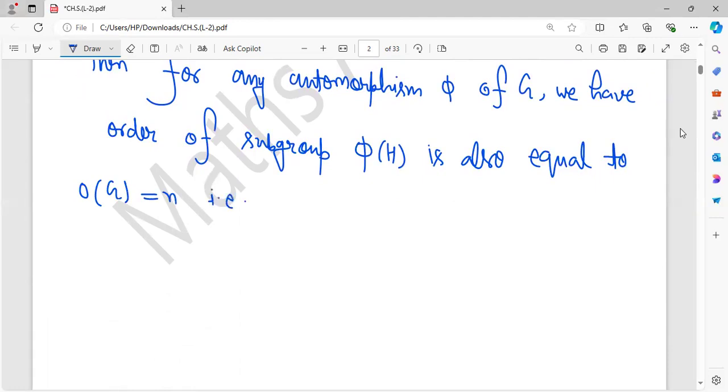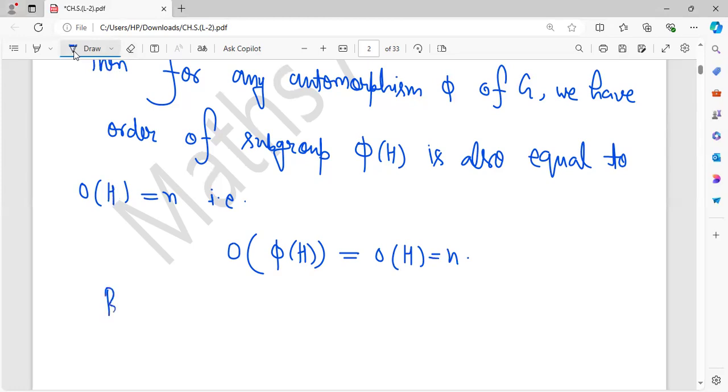It means the order of phi(H) is equal to the order of H, which is equal to n. You take any automorphism, then the order does not change.